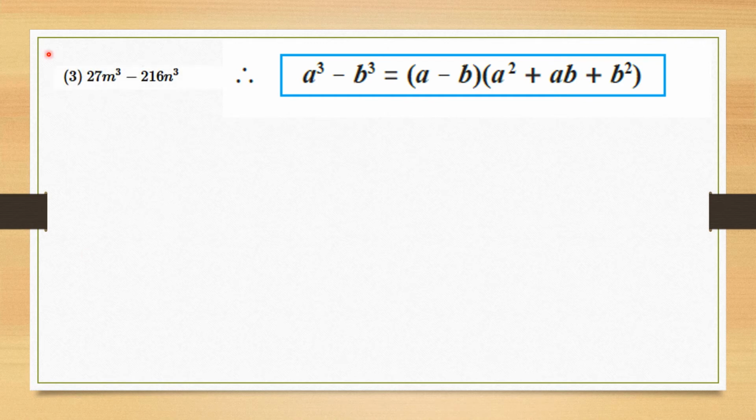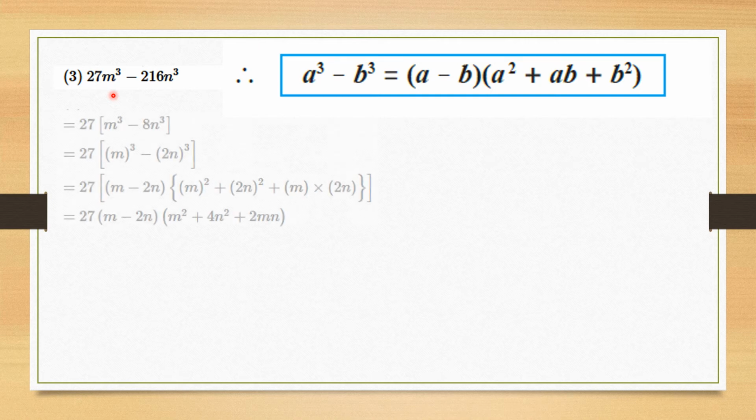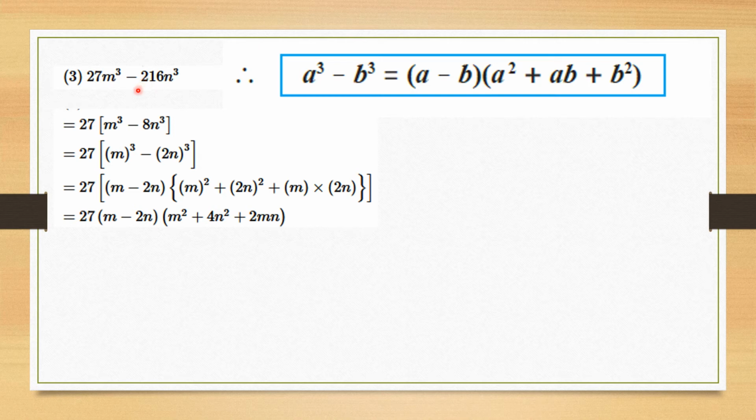If you see the third sum, it is 27m cube minus 216n cube. Now, in this, if you note one thing in the sum, 216 is the multiple of 27. Although we know that 27 is the cube of 3, 216 is not a cube of any number.